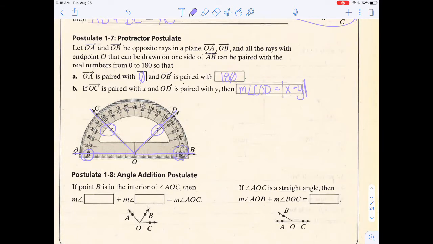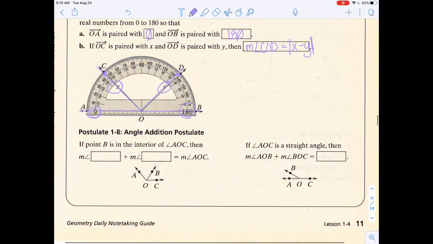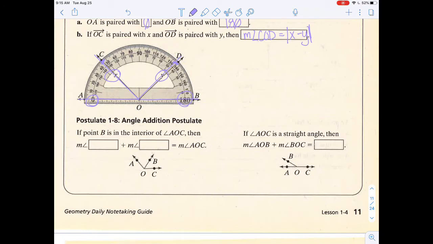So we would take whatever this degree is over here minus whatever degree is over there, and we'd be able to find the measure of that angle. It's kind of like finding the distance between 2 points. We're just finding the distance between the 2 rays in degrees.